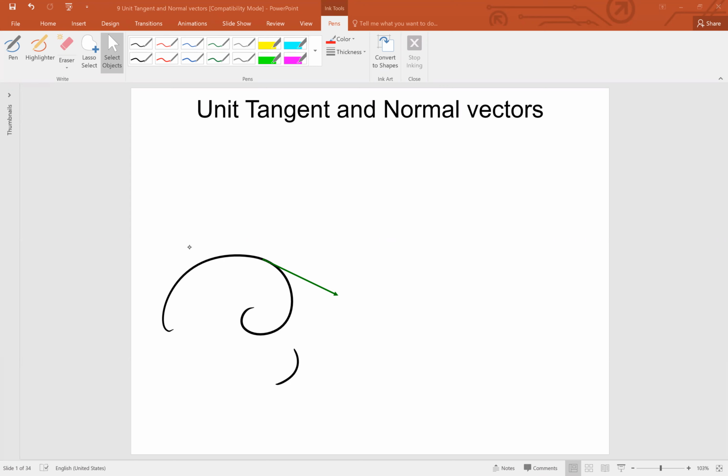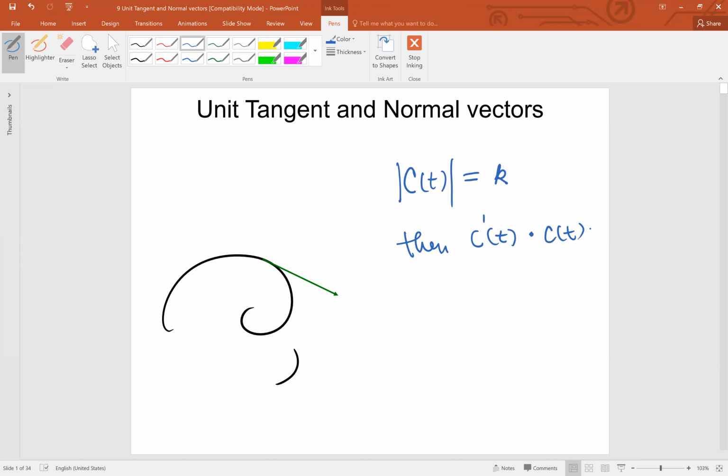We had a theorem saying that if a vector-valued parametric curve has constant length, then the derivative of the curve is perpendicular to it.